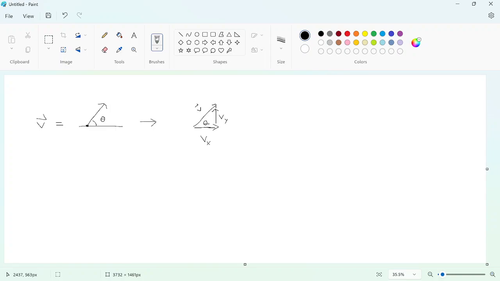And the reason you would do this is typically in these problems you'll have something that affects one thing or the other. And if you can break it down into one dimension or the other, it's a lot easier to process. For example, if you have a ball, let me just draw a regular ball.